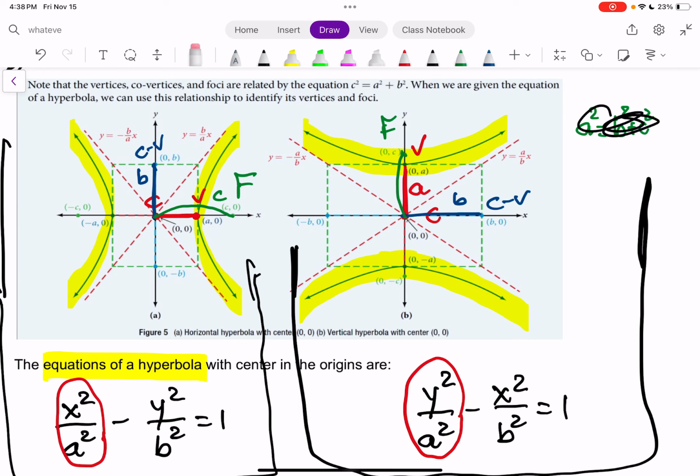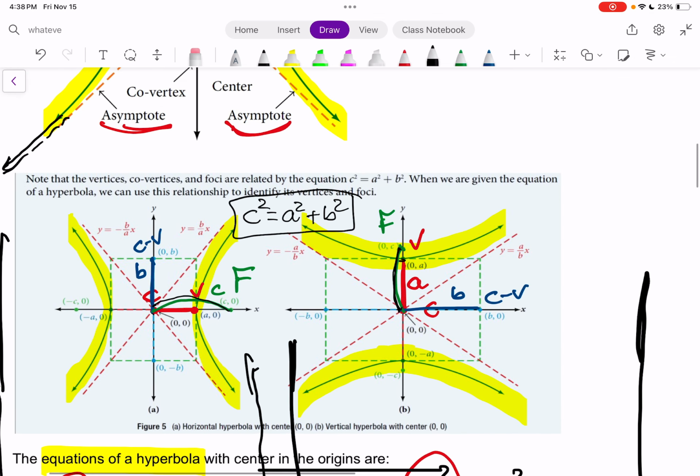For the hyperbola, which one's bigger? Well, as you see, C goes past A, and it's actually more than B as well. So in this case, C squared is the biggest one. And so C squared will equal A squared plus B squared. And actually, it's right here as well.